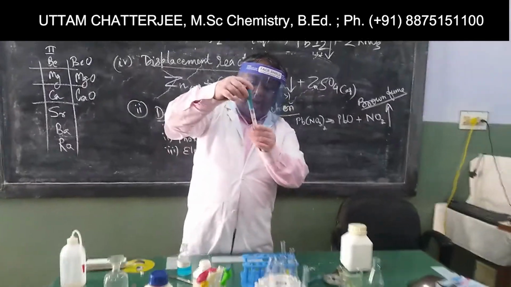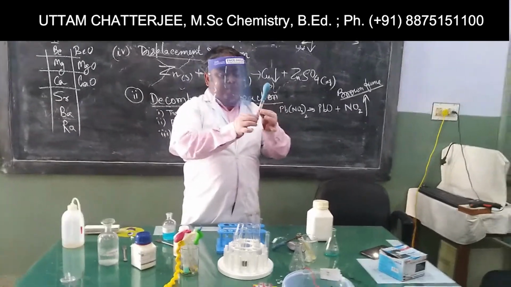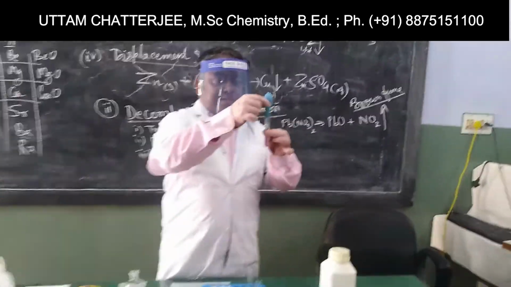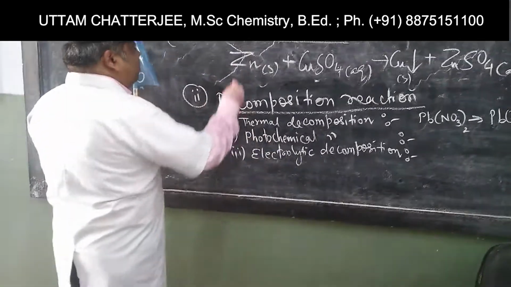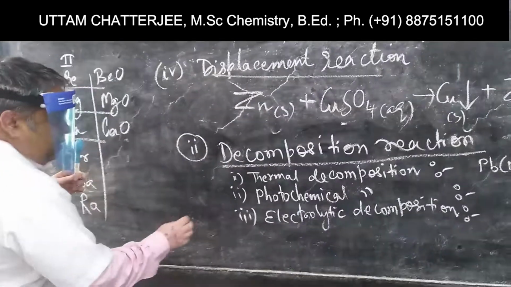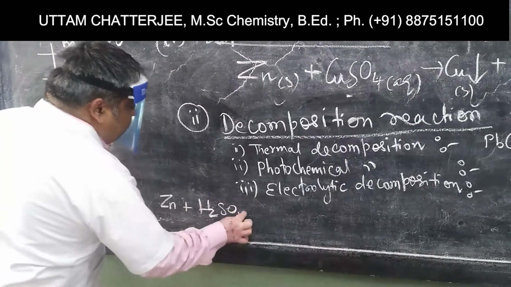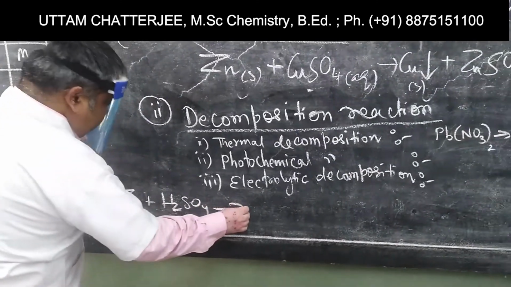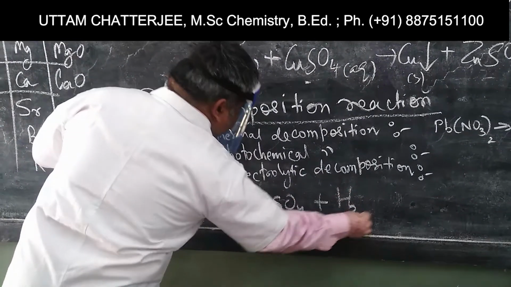I have collected some gas over here in this balloon. What I have done, I have put zinc and H2SO4, and hydrogen gas is collected in this. If I put zinc and give H2SO4, then ZnSO4 will be formed and hydrogen gas will come out.